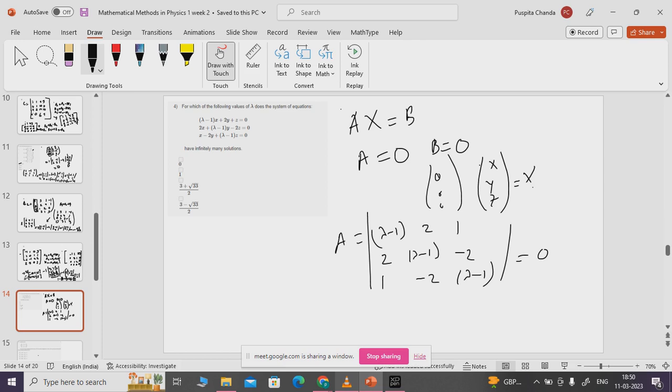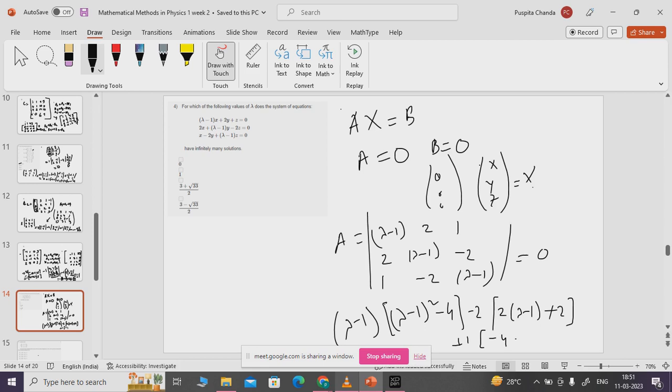So get the value of the determinant. It will be (lambda minus 1) whole squared minus 4, minus 2 will be 2 into (lambda minus 1), plus 2 plus 1 will be minus 4 minus lambda plus 1, is equal to 0.